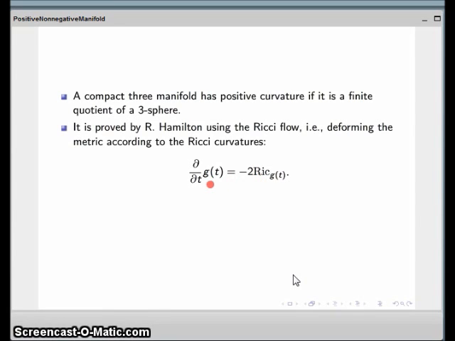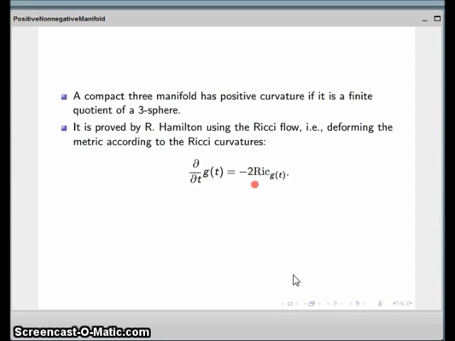So this is the equation, in time t, with an arbitrary metric. Any metric you want, for example, one with positive sectional curvature.